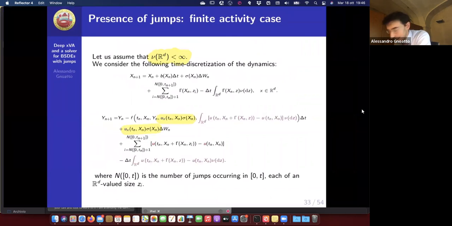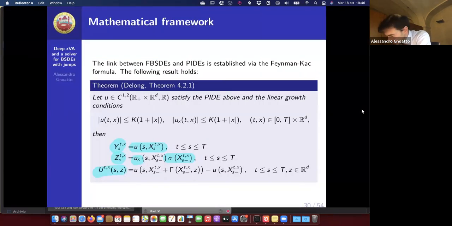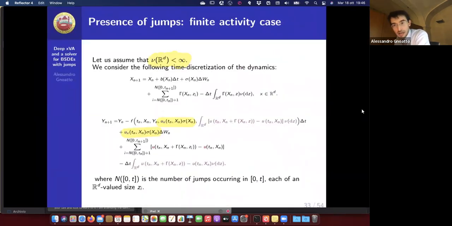Compare what I just highlighted in yellow with the Feynman-Kac theorem, you see? So I plug already a certain shape for Z and U, which will help me give a bit of structure to my discretization scheme.